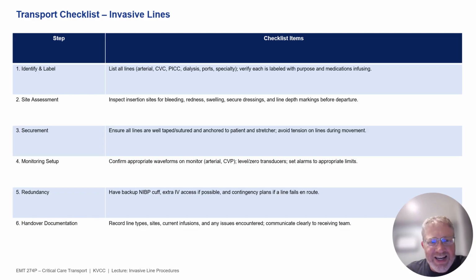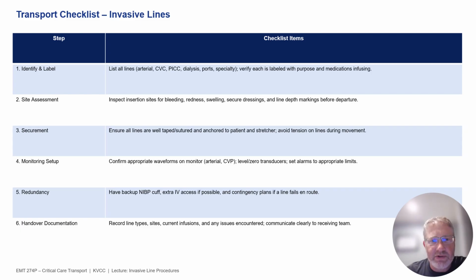Step one: identify and label every line. If it's not labeled, label it before you leave. Always. That way you can keep everything straight, and when it hits the fan, you can trace it back and make good decisions that won't harm the patient. Step two: site assessment.